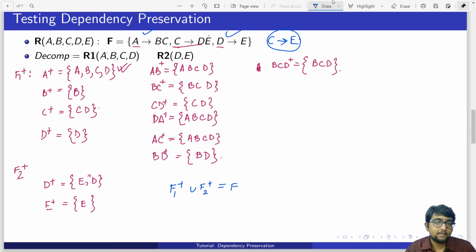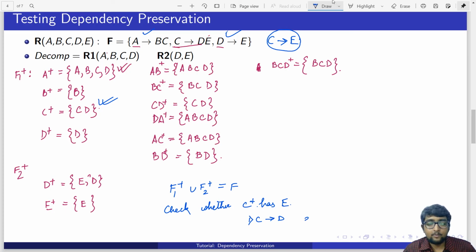I will take C plus, since we have only C on the left hand side. So C plus will be, starting from here we can get C, step 1 would be C determines D. Over here we can see that, correct? And step 2 would be, using the D that we got, D determines E, that is over here.